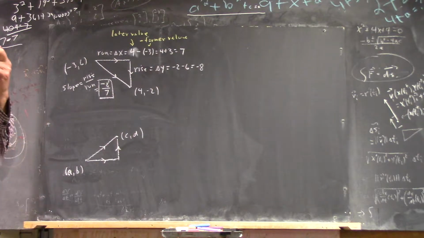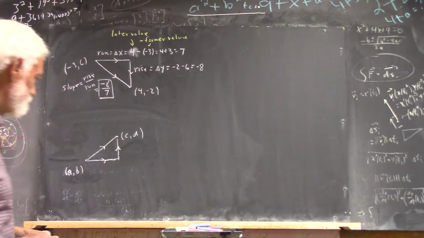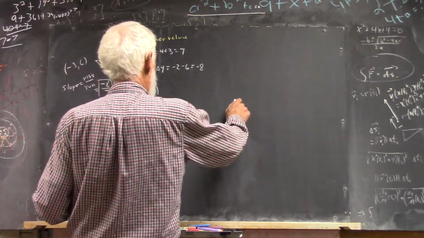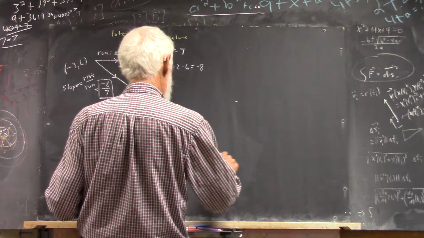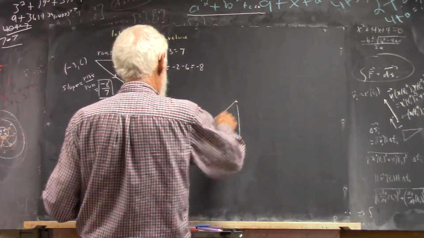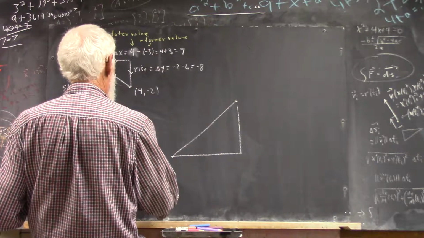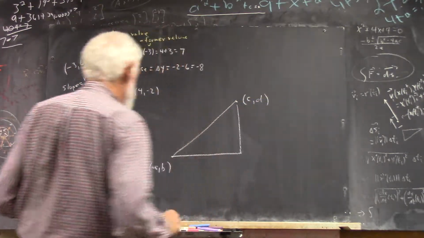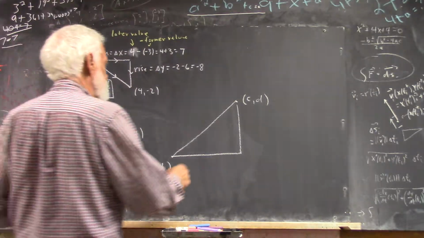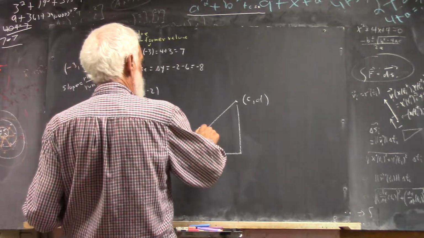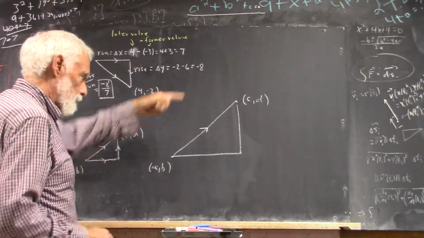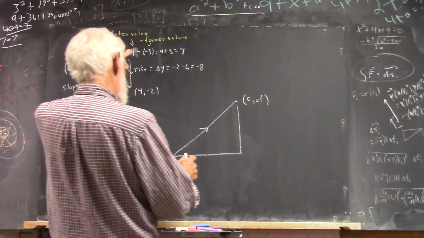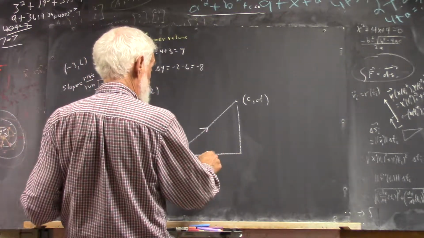Now let me take my own advice and draw a bigger one of these. Whichever way you drew this, the hypotenuse goes left to right, and then up or down is the corner.